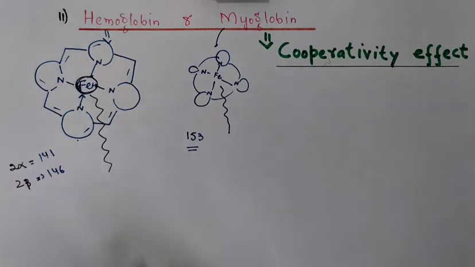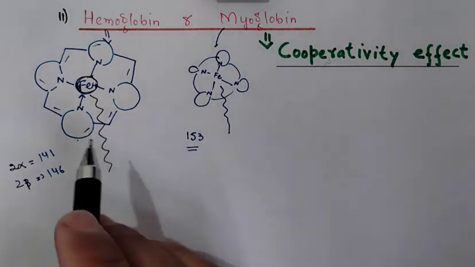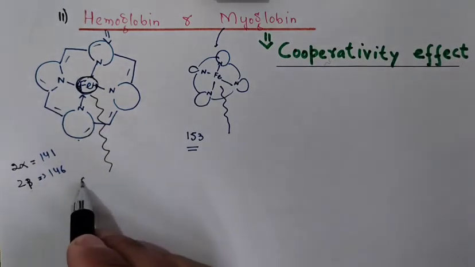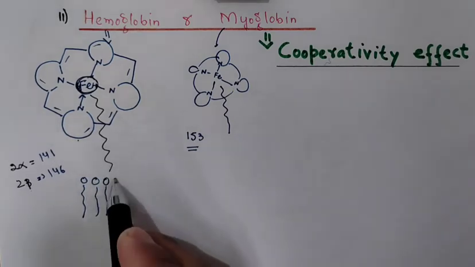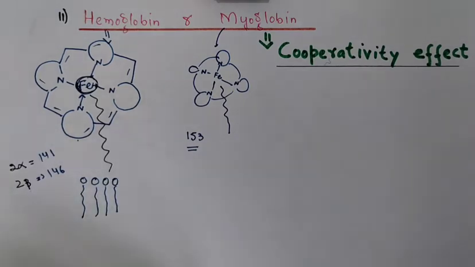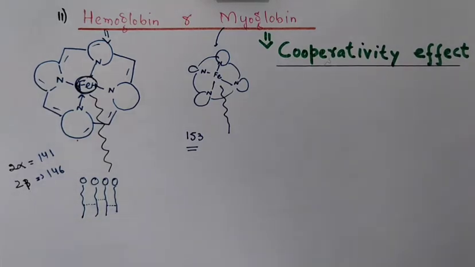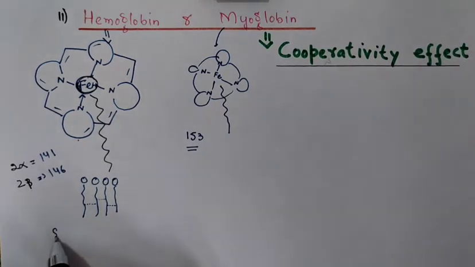Now, besides this, hemoglobin has 4 chains and 4 heads. This is one, another, so these are the 4 units. They are joined together by hydrogen bonds. We gave this a name: it's called a salt bridge.